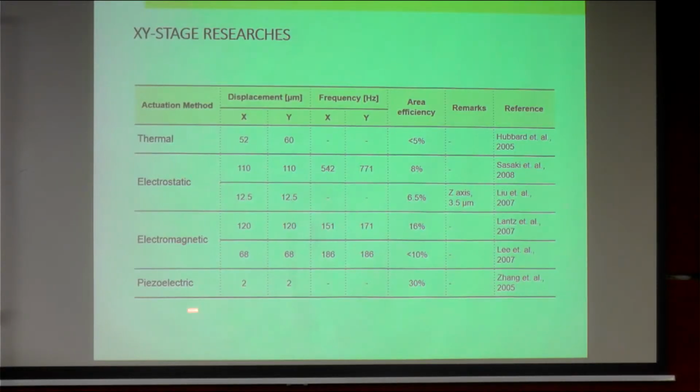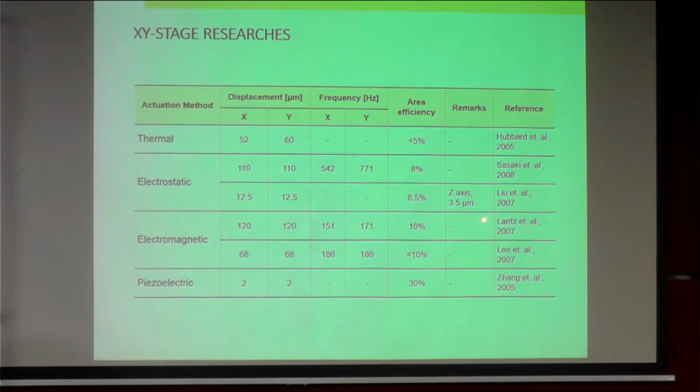Then piezoelectric suffers from a displacement of 2 micrometers only. However, you see that in terms of the design of a microstage using piezoelectric, you can have higher area efficiency in comparison with the rest. This is due to the compactness of the piezoelectric material, in comparison with electromagnetic, which requires a lot of space.